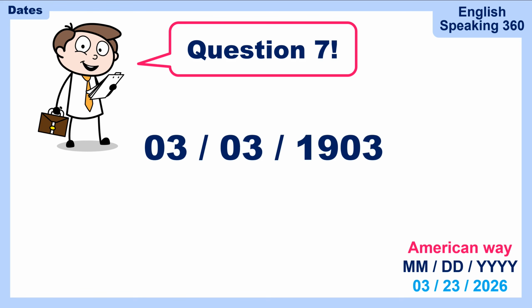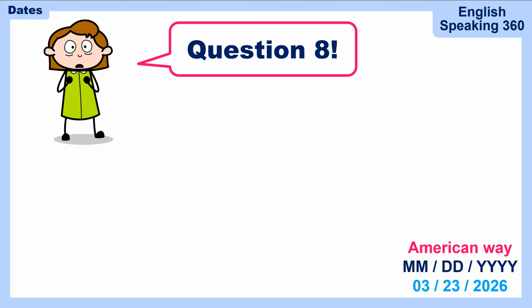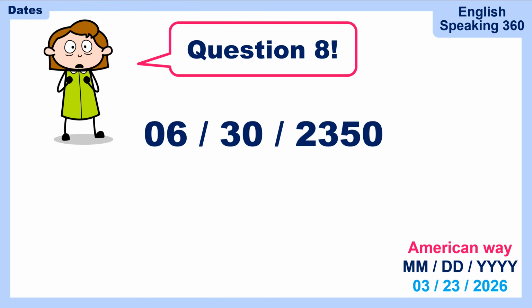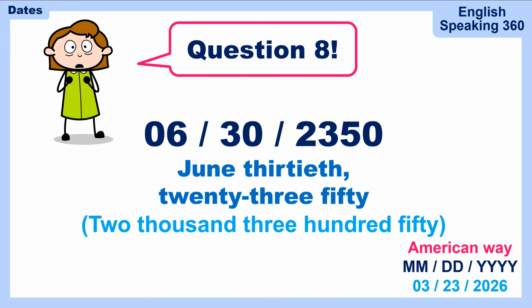Question 7. March 3rd, 1903. Question 8. We're going to the future now. June 30th, 2350. 2350, would you say 2350? Maybe you could, but it's very long, so that's why most people prefer to shrink it to two separate numbers, 2350.